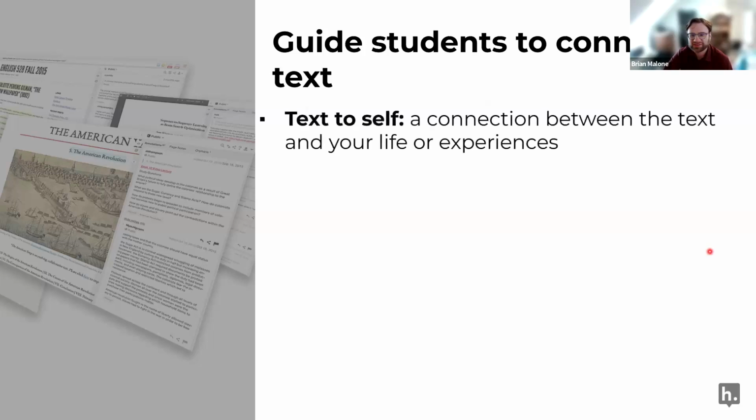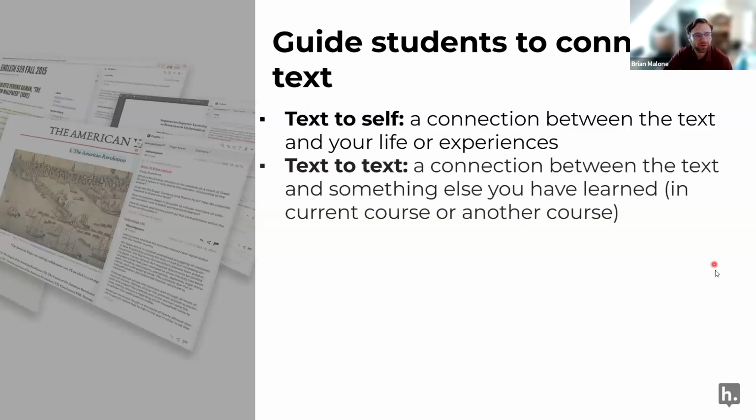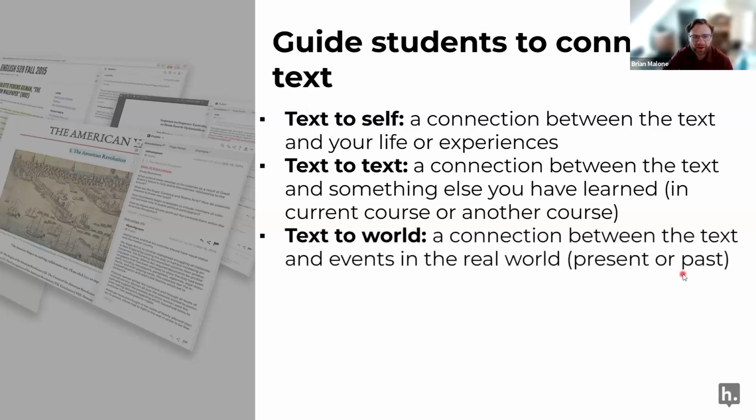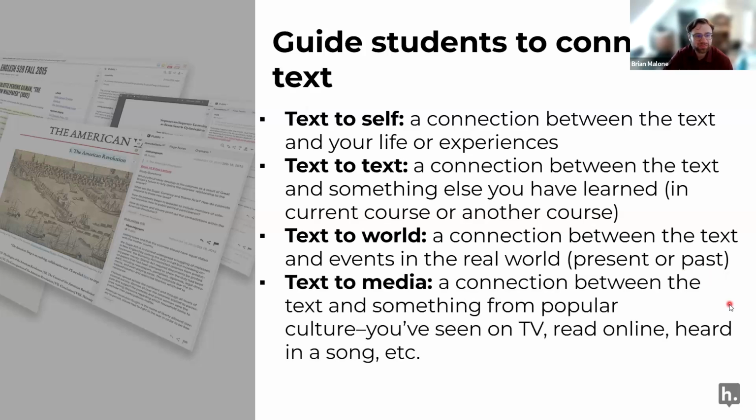One is a text-to-self connection. So how is the text relating to anything in your life or your experiences? Another is text-to-text. How is this relating to something else we've read in class or something you've read in another course? Text to world. How is this text relating to events going on today or events that have happened in the past? And text to media.